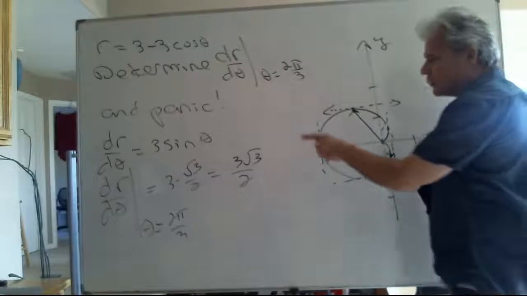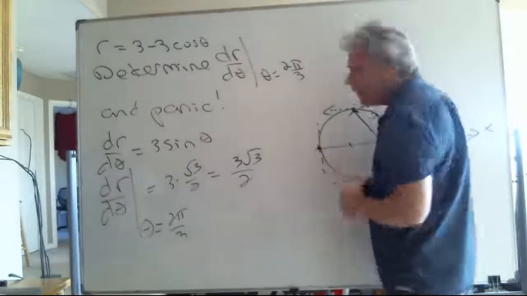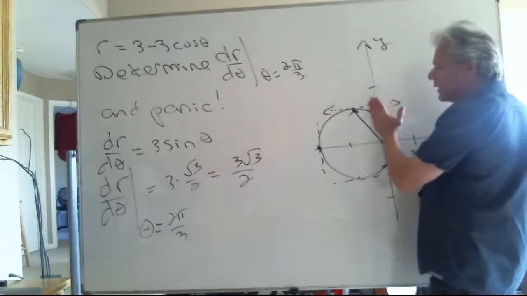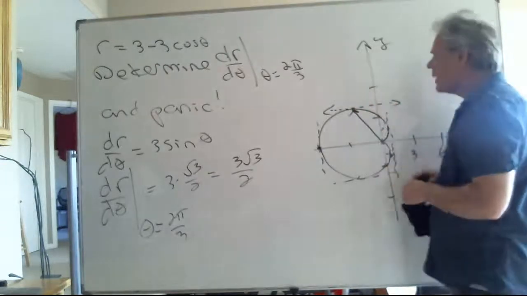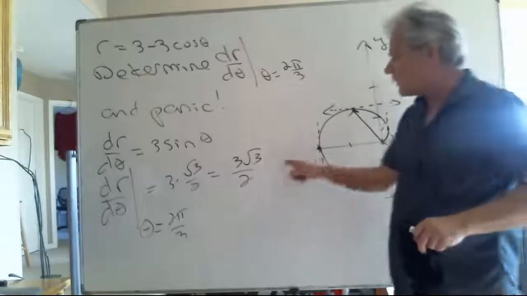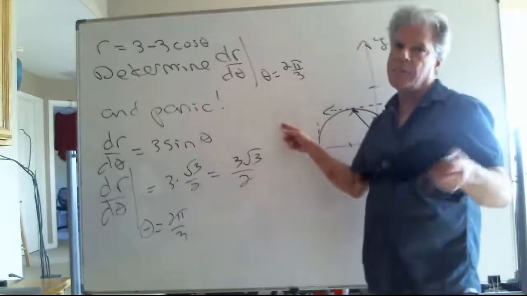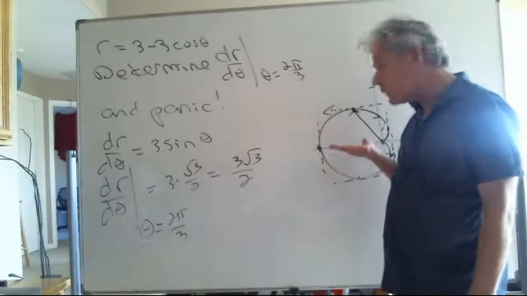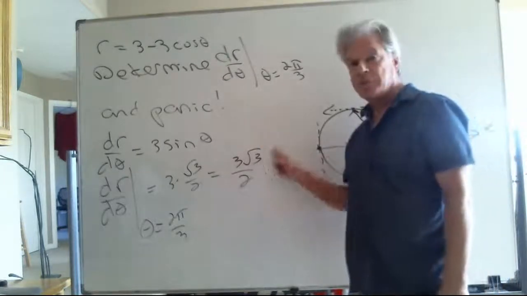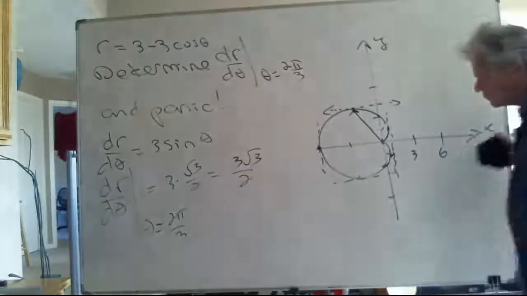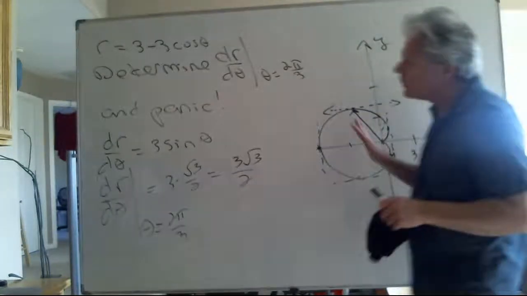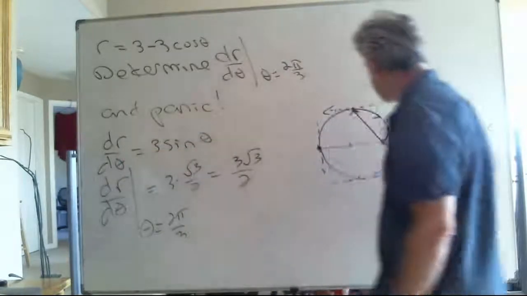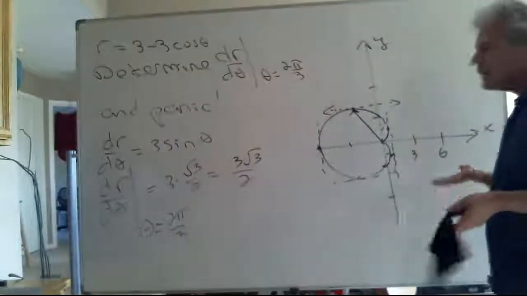So I think what this is really telling me, since it's some positive number, is that as I'm rotating, locally speaking, about 2 pi thirds, going from a little less than 2 pi thirds to a little bit larger than 2 pi thirds, the average rate of change of r is kind of like this number. Or shall I say better, the instantaneous rate of change, or even the instantaneous increase in r, is given by that particular value since it's positive. So I'm just trying to shake you up, make sure we all understand this does not represent necessarily anyways the slope of a tangent line in the xy coordinate plane, albeit sometimes you're going to get lucky.